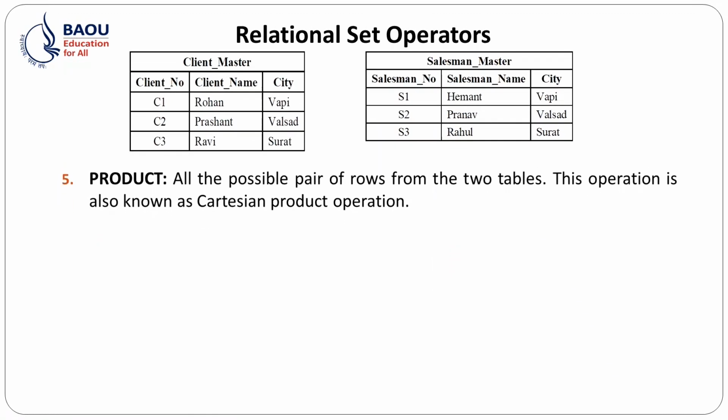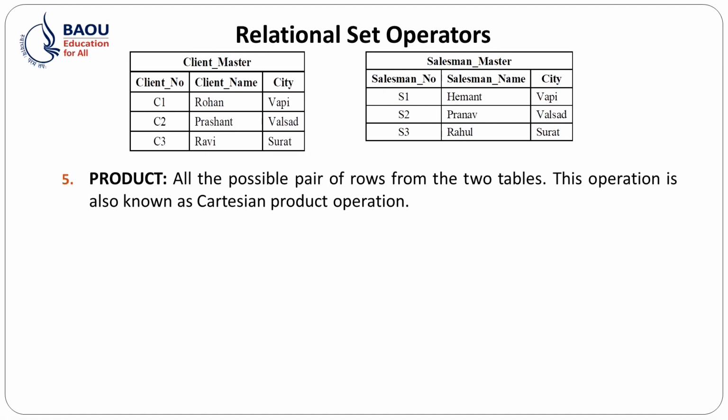The next one is the product operation. The product operation means multiply. It displays all the possible pairs of rows from the two tables. This operation is also known as the Cartesian product operation.